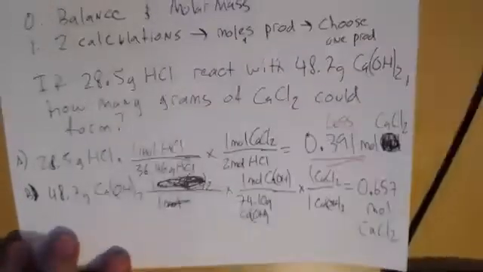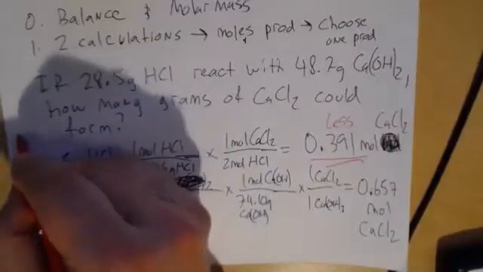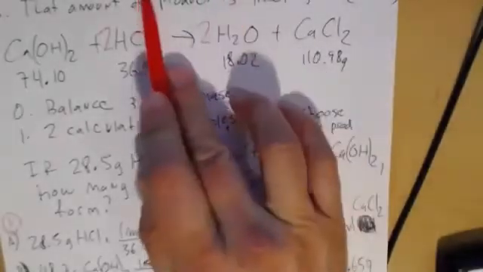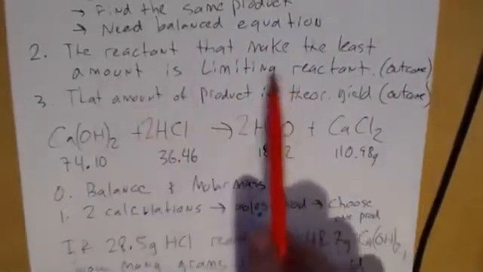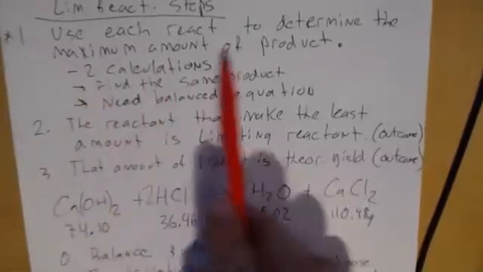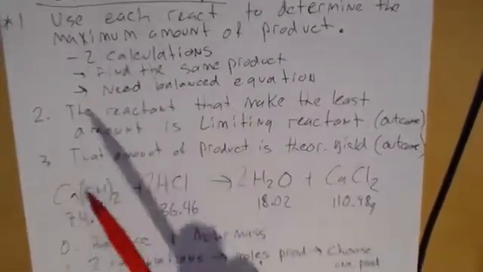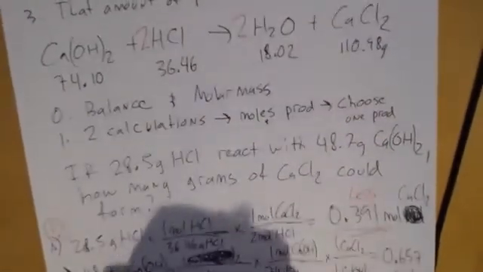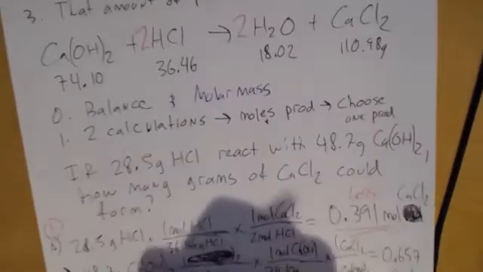So therefore, this is step 1, 2 calculations. Step 2 is the reactant that makes the least is the limiting reactant. So 2 calculations, find the same product. Step 2, reactant that makes the least amount is limiting reactant. So HCl is limiting reactant.